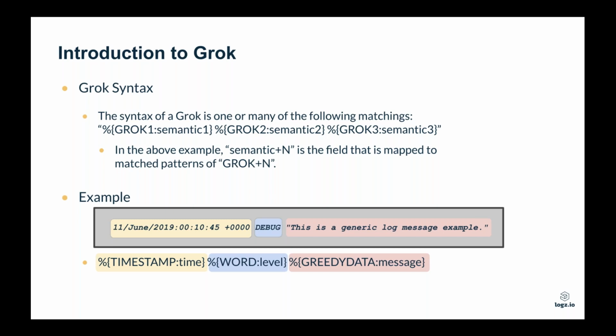When this matches something on a log line, the value of whatever the timestamp Grok matches will be mapped directly to the time field, and so on with level, and so on with message. Now, greedy data looks a little funky, so a bit more explanation: that is a popular Grok that will match anything to the end of the line, or a carriage return, or a new line character. So that will grab the rest of that message, and we'll show some examples of that as we go on.